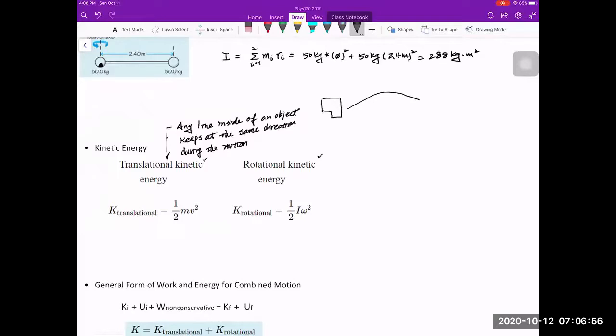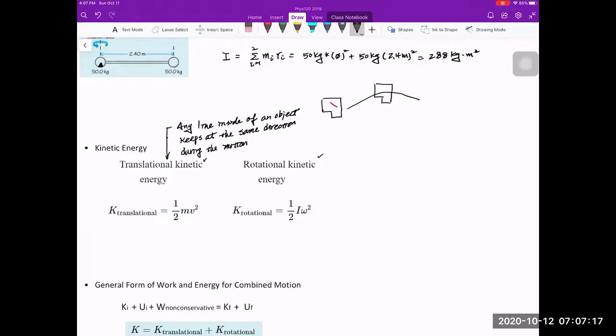Now, any line inside of the object, if I look at this line here, when the object is moving, if it doesn't rotate, it doesn't matter where it moves, it's always going to keep the same orientation.